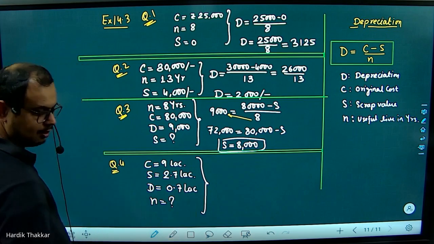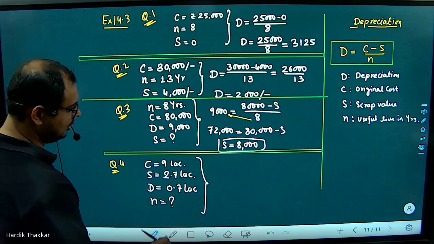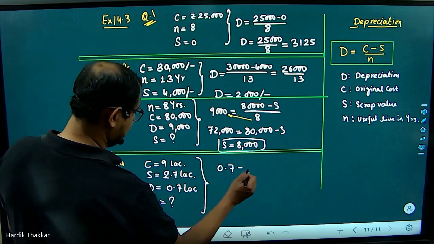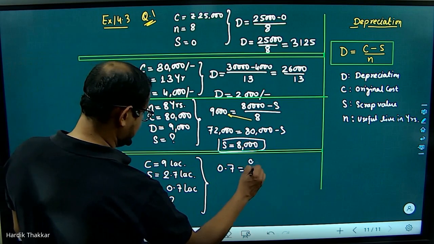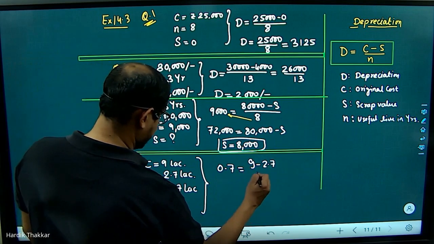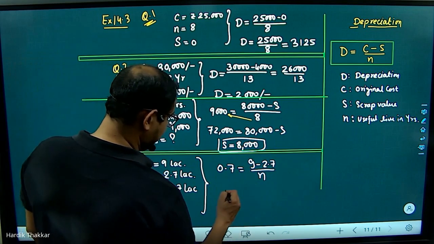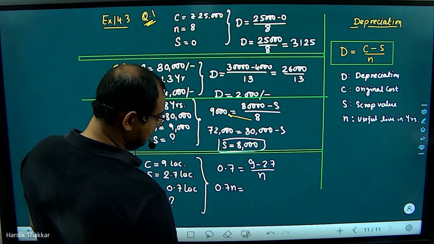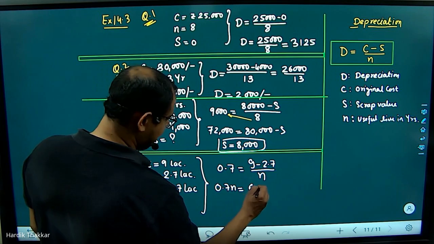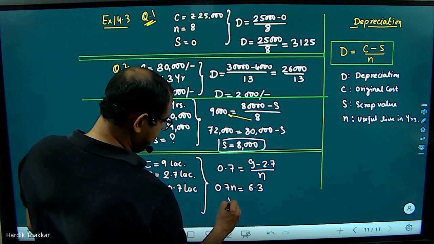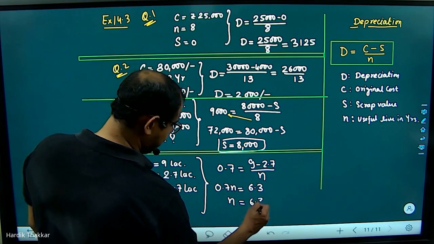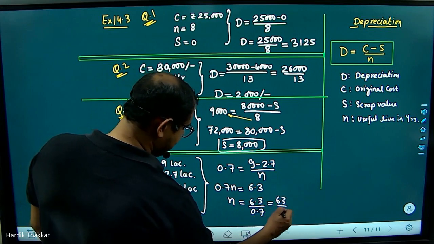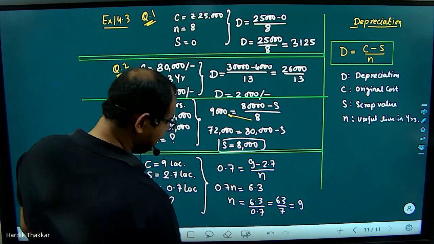Okay, so 70,000 is 0.7 lakh. So 0.7 is equals to 9 minus 2.7 divided by n. So 0.7 n is equals to, this difference will be 6.3. So n is equals to 6.3 divided by 0.7. So 63 upon 7, 7 nines are 63. So n is equals to 9. Clear?